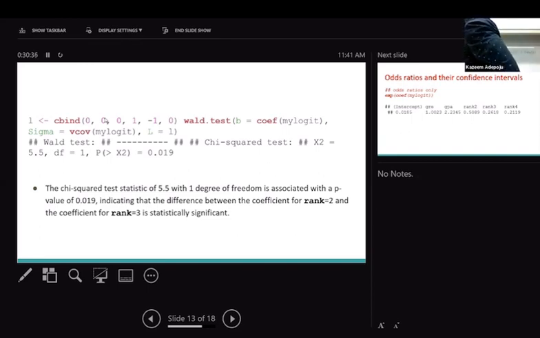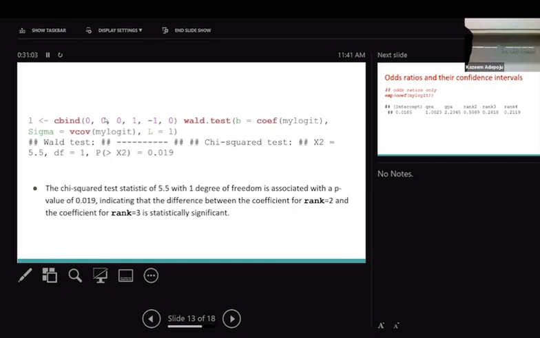And the next one, the 1 and -1, that is the ranks that I'm trying to compare. I'm comparing rank 2 and rank 3. Under contrast, I'm going to assign 1 for one of them, and the other one is going to be -1.